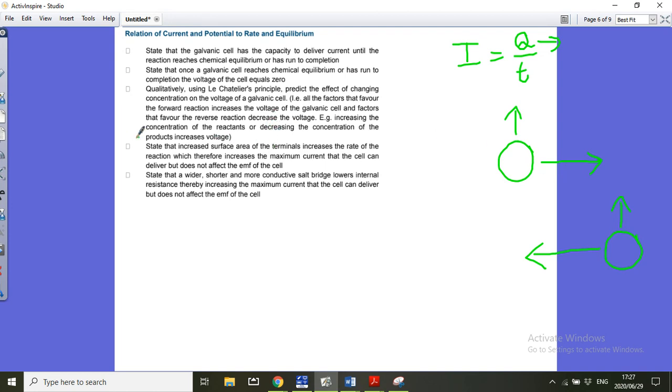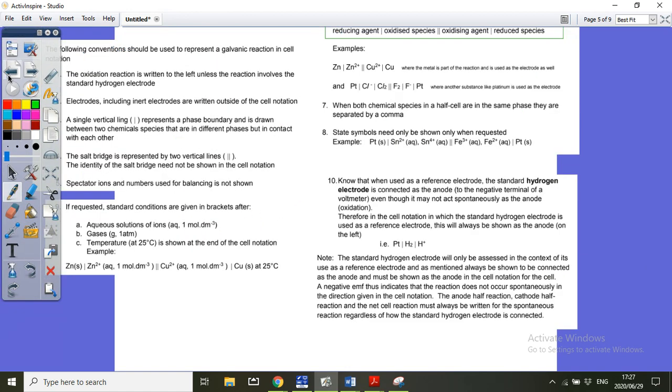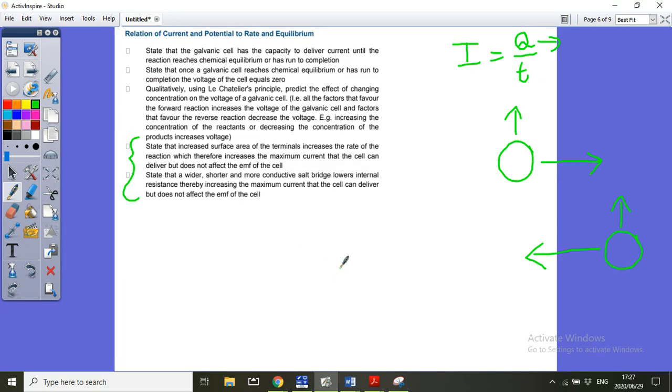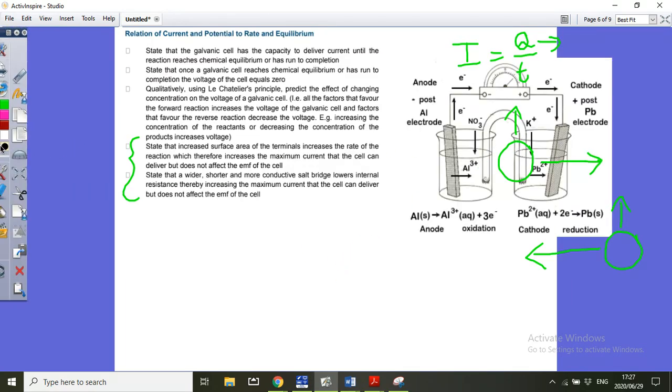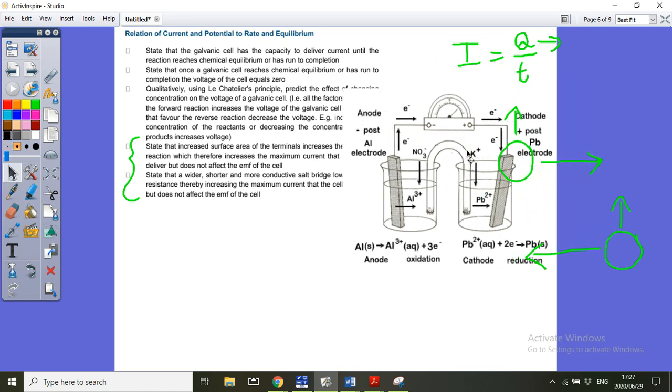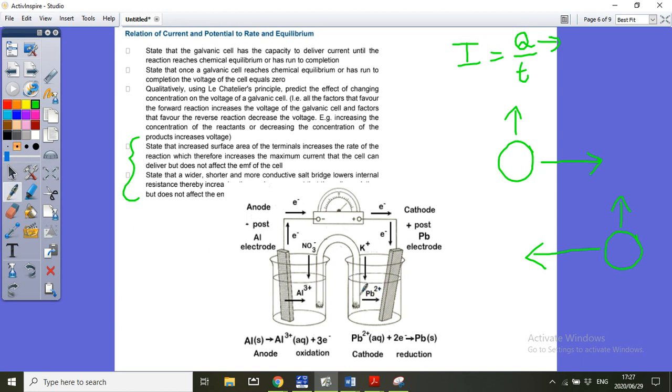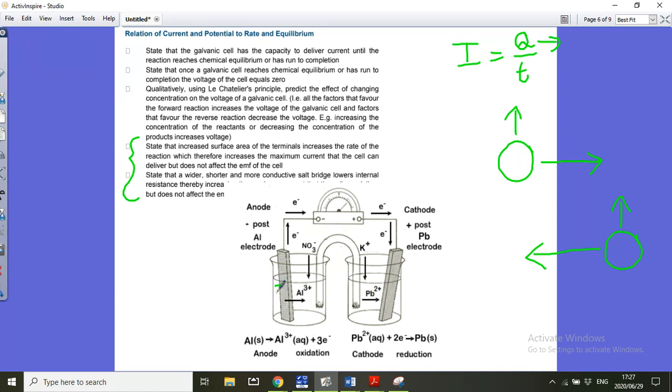Now, the last 2 points here are always asked. If you want to increase the current, now remember, if we look at our cell, let me just put it back here again. If I look at my cell again, the place where electrons can be transferred is everywhere here where the liquid is in contact with my electrode, and everywhere here where the liquid is in contact with the electrode.